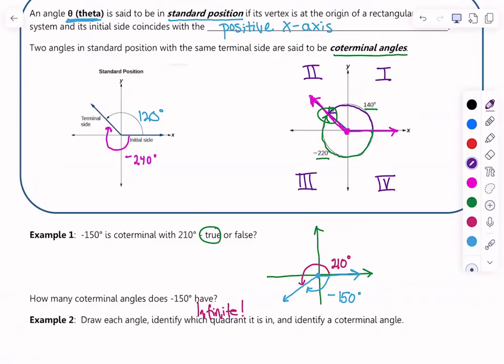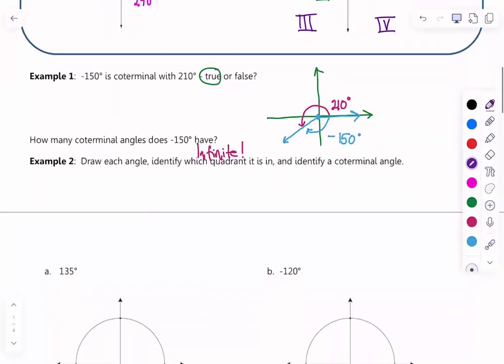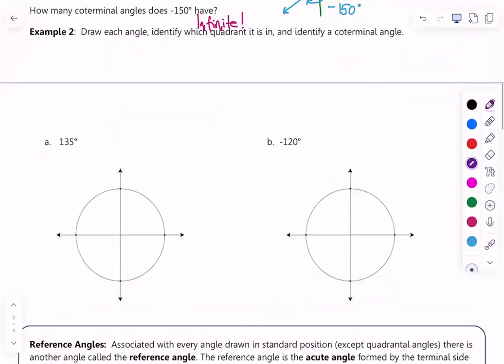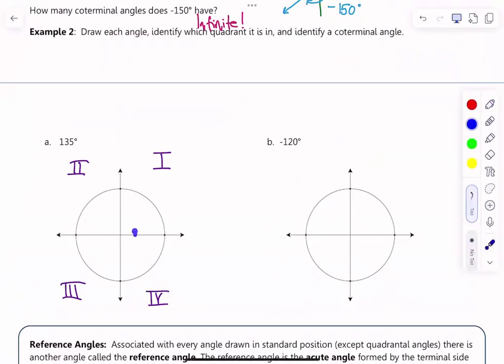We're going to use that information to draw each angle and tell what quadrant it's in. So 135 degrees. Let me give my quadrants again: one, two, three, four.